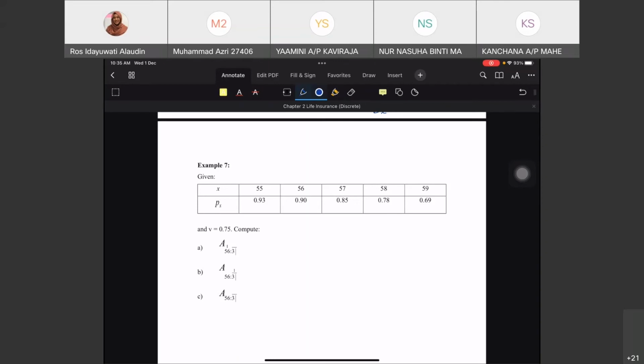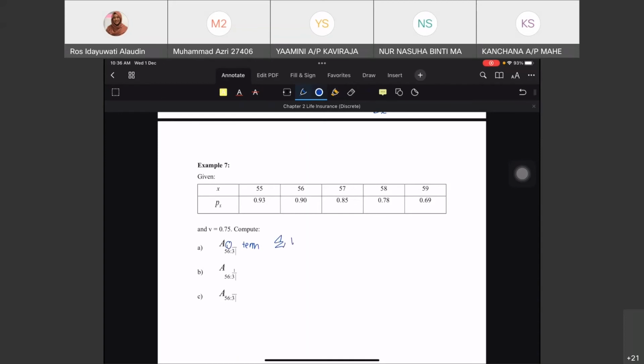So the first one is referring to the term insurance, A56:3. What is the term insurance formula?